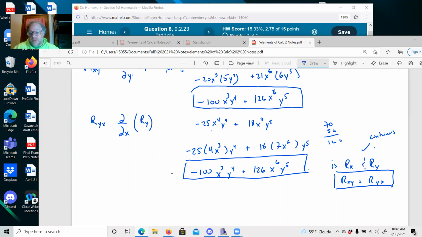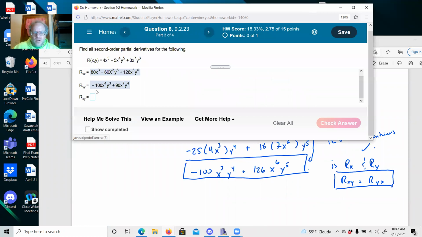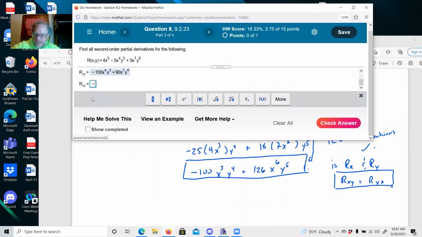So that is a check you can do. Are they the same? Yeah, then you're probably okay. So rxy is negative 100 x cubed y to the 4th, plus 126 x to the 6th y to the 5th, and nobody will know which order you did it in. I may have made the same mistake twice, but I'm just being consistent about making my mistakes, and chances are we're going to be okay here.